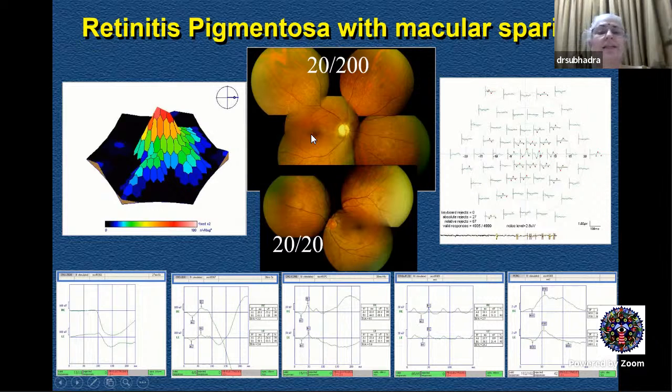That means his macula is really healthy. So actually this patient has suffered a non-arteritic anterior ischemic optic neuropathy. You can see his multifocal ERG is good. So that means that this RP patient has actually suffered an optic nerve disorder and not a macular disease, which is what is expected in most of the RP patients with vision loss. So that is how these different electrophysiology tests can tell us where the lesion is in a given patient with multiple diseases in the same eye.